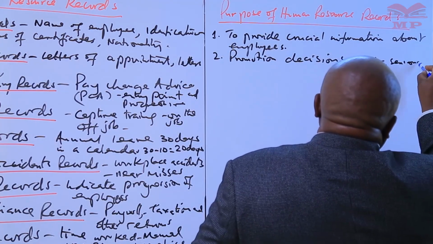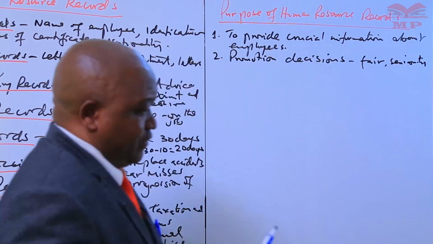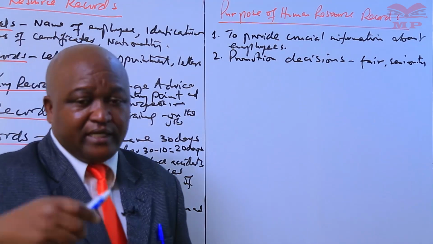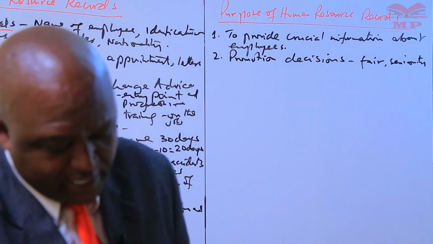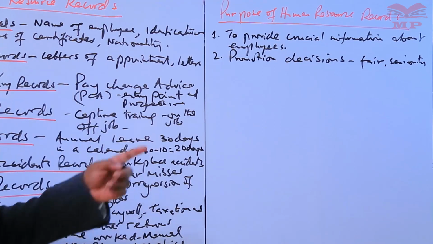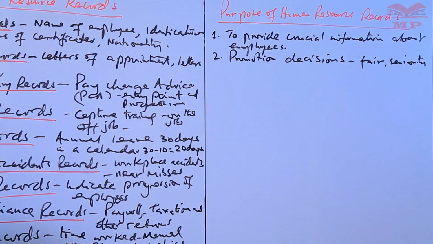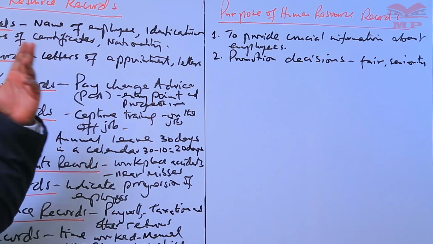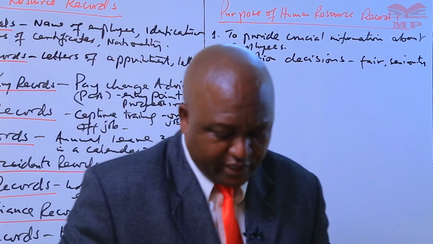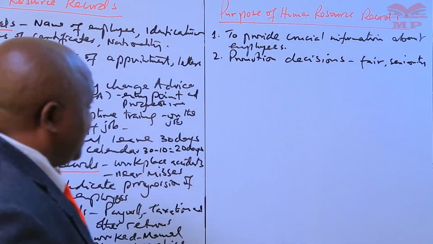If you are using the seniority principle of promotion, and you have 6 employees in a section, and one employee has worked for 10 years, another one 12 years, another one 15 years, then you can use the criteria of seniority and say, the one who has been there for the longest period of time, if that person is capable and willing, could be promoted. So for promotion decision purposes, that could be one of the reasons why an organization maintains records.